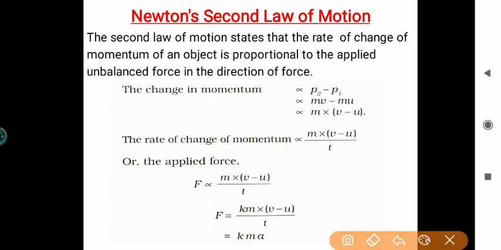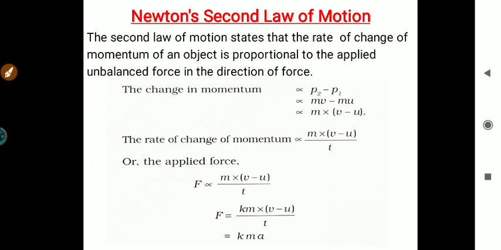Suppose there is a body in motion having initial velocity u. When we apply force on the moving body, there is a change in velocity. The initial velocity is u and the final velocity is v. According to Newton's second law, the change in momentum is directly proportional to the force.